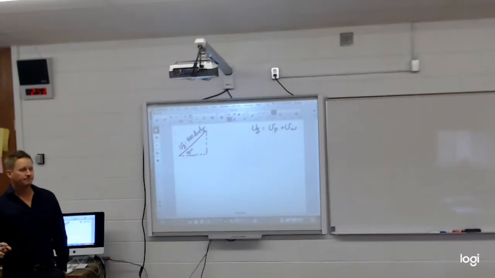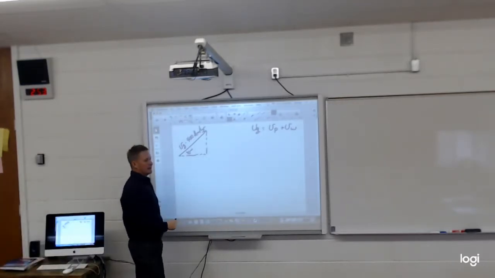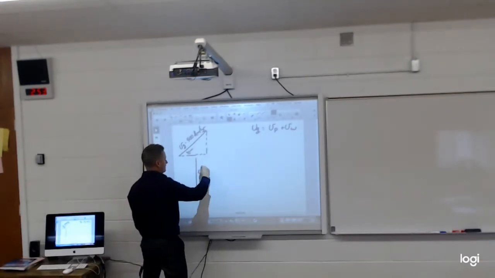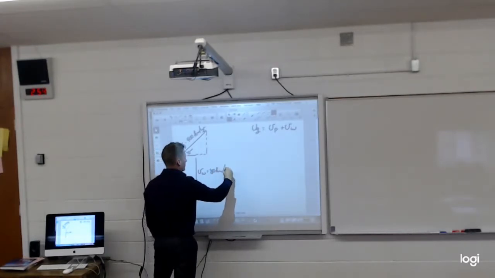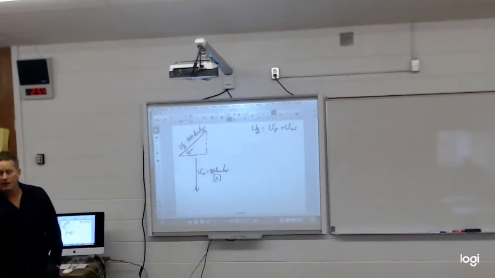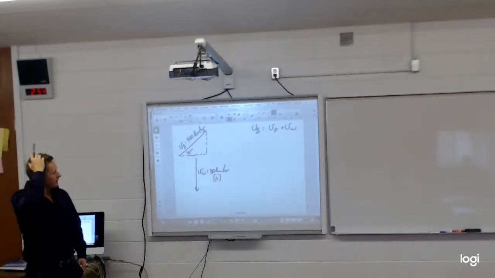That's our ground speed. Now the wind is blowing in this direction right here, 80 kilometers an hour, blowing into the south, correct? So far so good? Any questions? Okay.